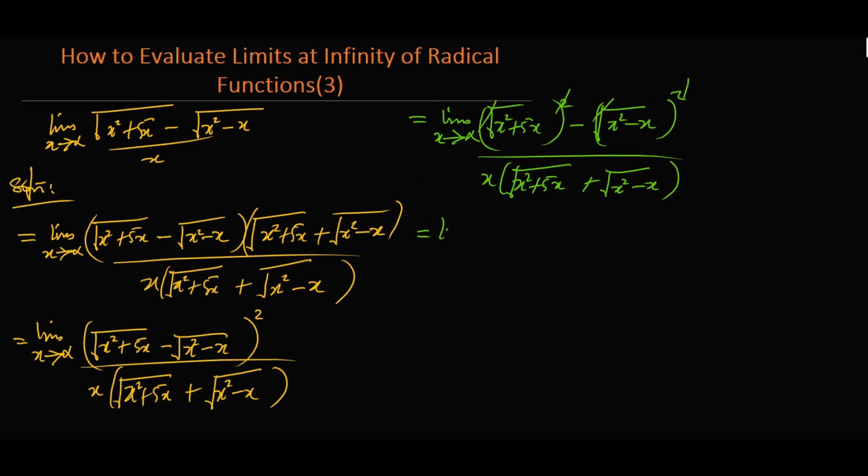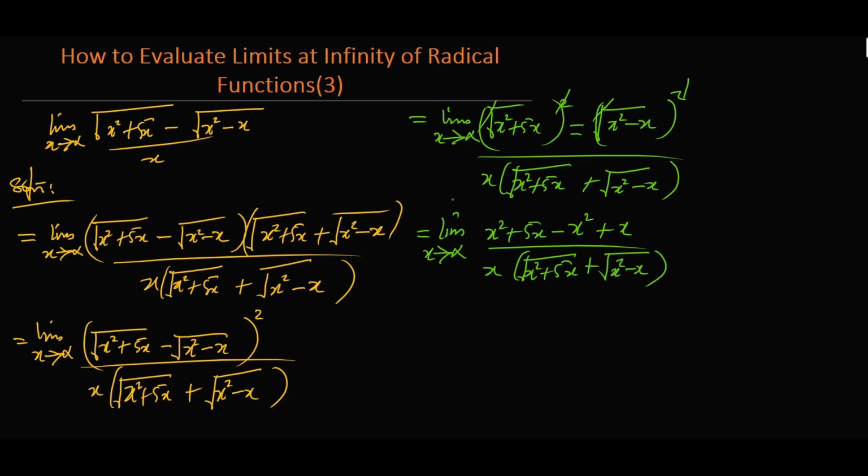Therefore, we will have the limit as x approaches infinity of x squared plus 5x minus x squared minus x, which will give us plus 6x, all over the denominator remains the same, root x squared plus 5x plus root x squared minus x.